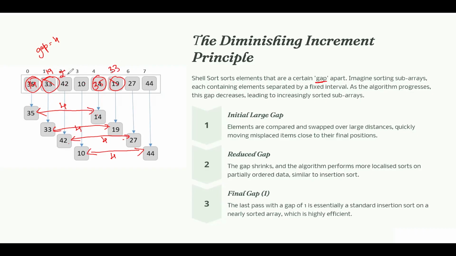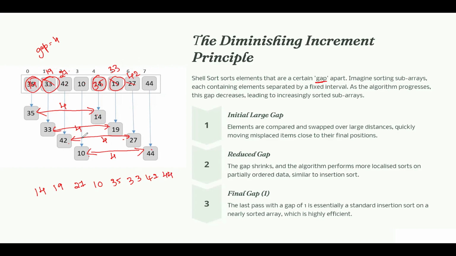Of course, 27 will be brought here and 42 over here, and 10 and 44 will remain. So now, if you see, I have a better array just by three swaps. Three swaps and three comparisons. After completion of that itself, I have a better sorted array. Of course, it is not completely sorted, but this one is better.